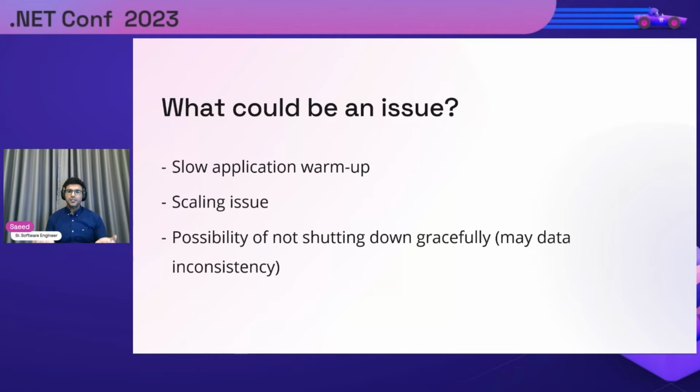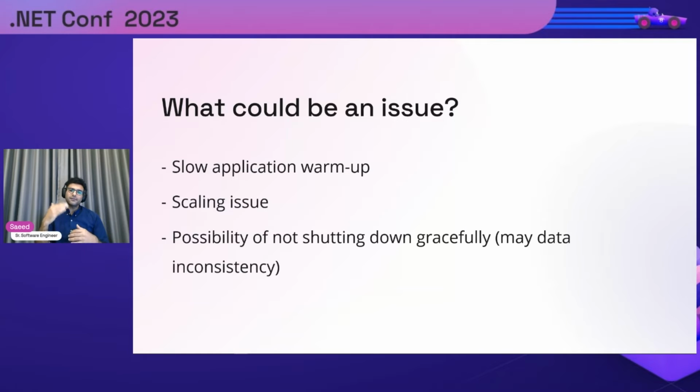For sure, the first one is maybe we have a slow application warm up. As I mentioned, in the case of a web API, we always have one built-in hosted service for starting Kestrel as a web server. But that Kestrel is always the last one of our hosted services.